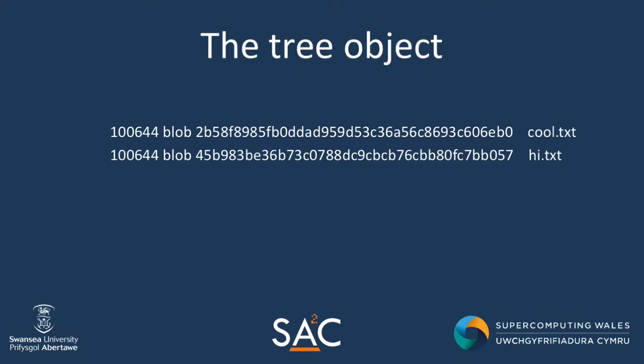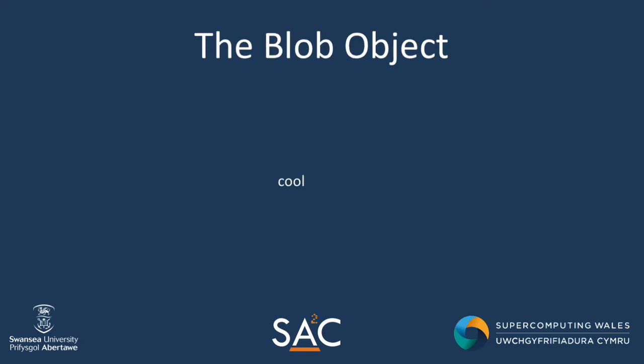Now notice this is interesting because this doesn't have any concept of time or committer or author or anything like that. So if I don't change those things, then that stays. This tree object is a little bit more reusable maybe than the commit objects. And then the blob object, in my case, is a file containing the word cool. So that's what's in the blob object.